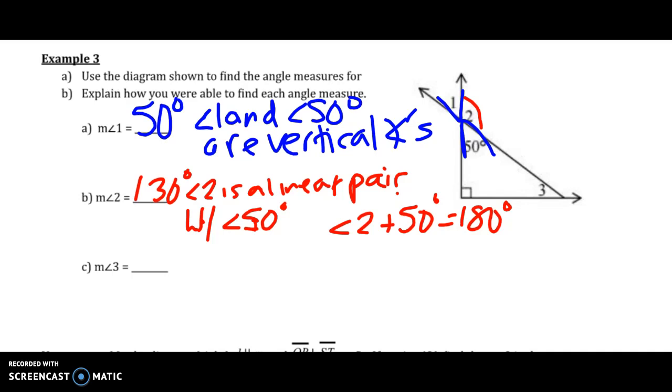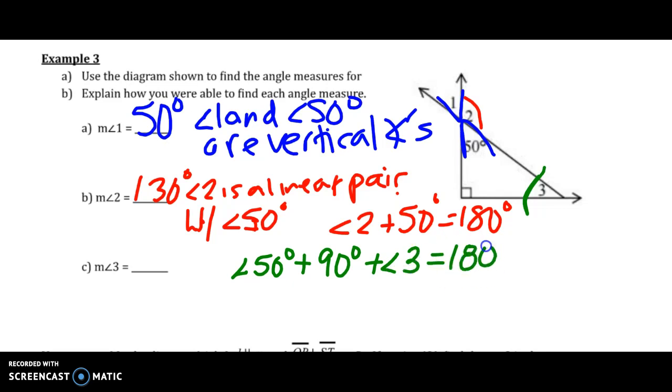We now want to find the measure of angle 3 over here. We do have a triangle. This is a right triangle, so we know that the angle of 50 degrees plus 90 degrees plus angle 3 will equal 180. But as we talked about before, we already have this 90.